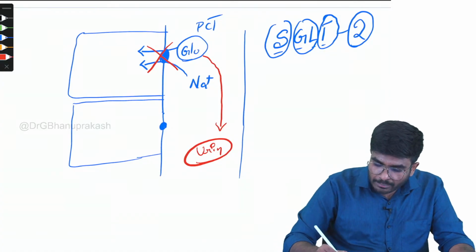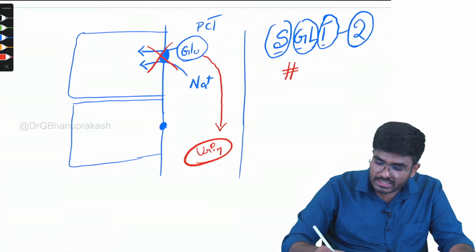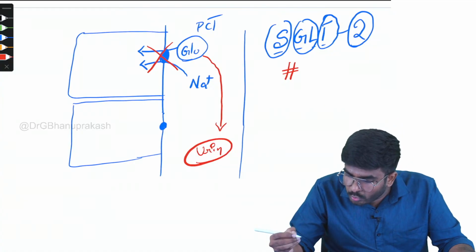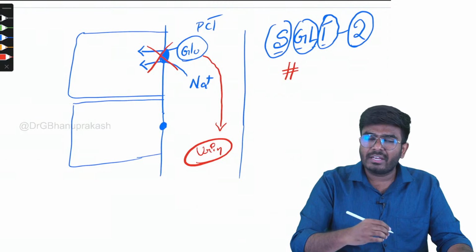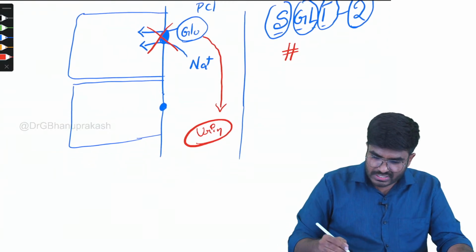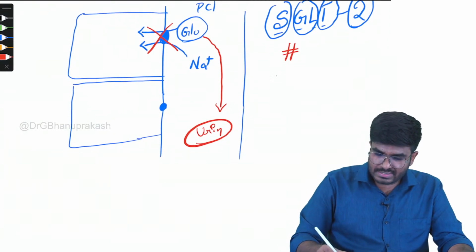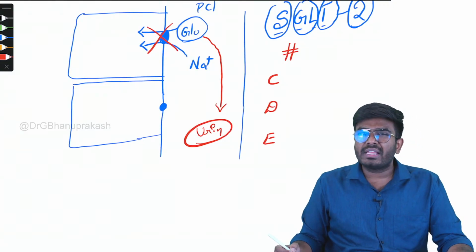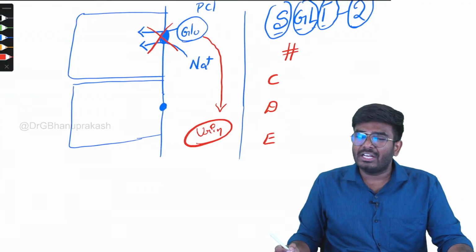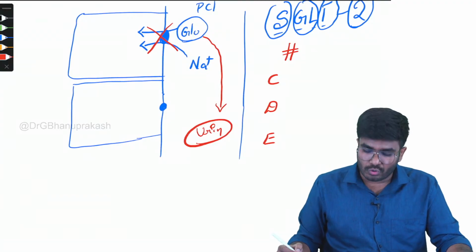Okay, can you name me SGLT type 2 inhibitors? Anyone who can tell me sodium glucose transporter inhibitors? They will start with the letters C, D, E and end with the name gliflozins. Have you ever heard about these drugs? Gliflozins.